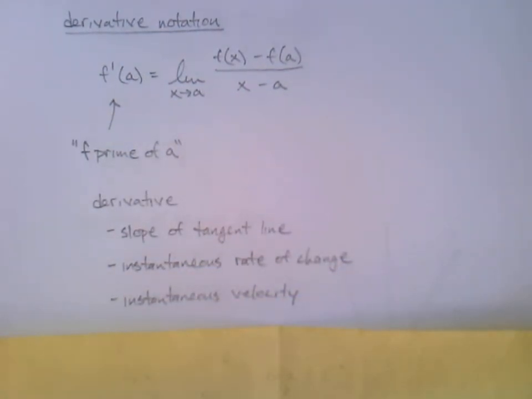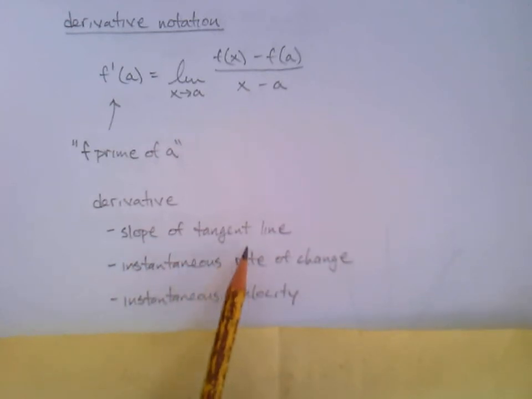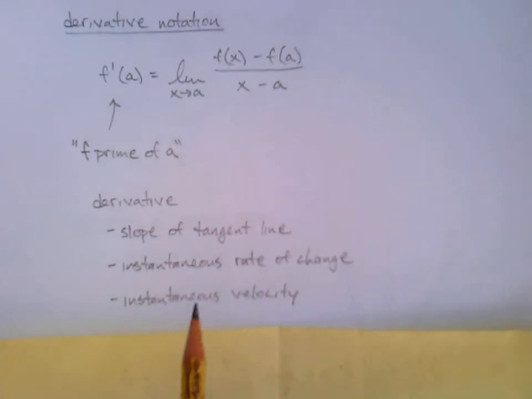Lastly, before we move on, we've been using different phrases this whole time, sort of interchangeably. When we say the word derivative, graphically that means the slope of the tangent line. It's the same thing as the instantaneous rate of change: how fast is the function changing at that moment? Or you might hear, pretty commonly, the instantaneous velocity.